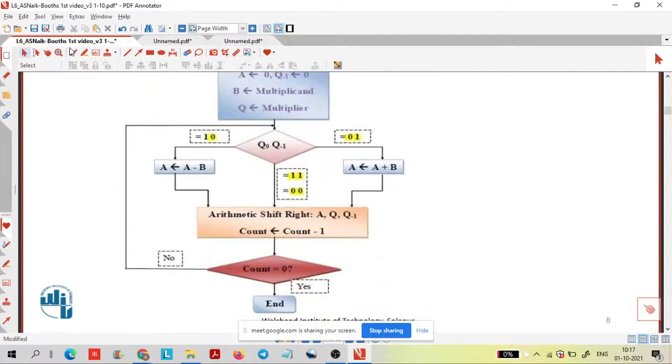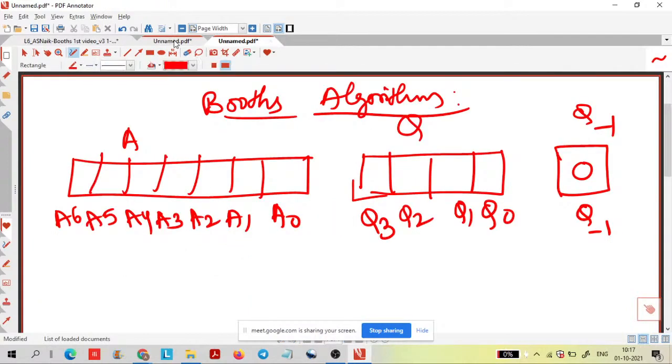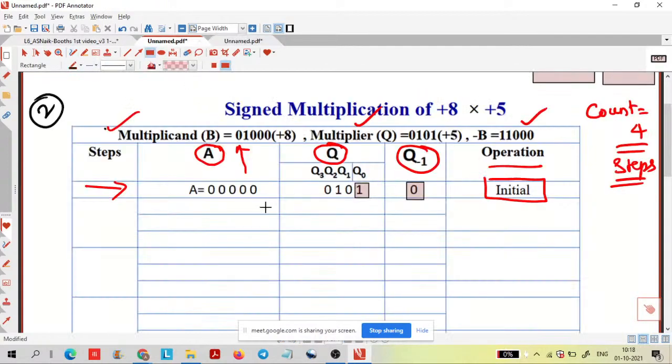After the initialization, in our case we are getting 1 0. So 1 0 means what is the operation?